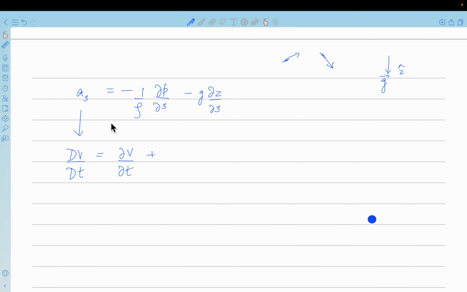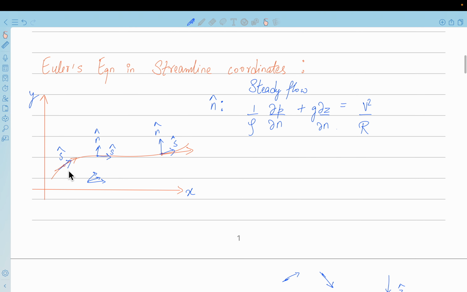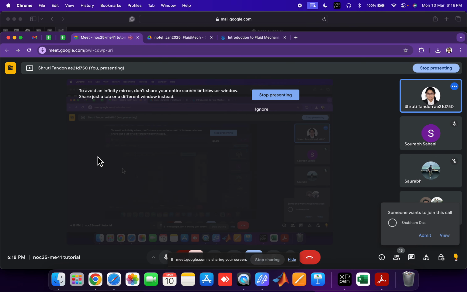So we are writing only in the s direction. So we have dv by dt is equal to dou v by dou t plus v dou v by dou s, and we can simply write v. Why can we simply write v? Because along the tangent the entire velocity will be considered, right?